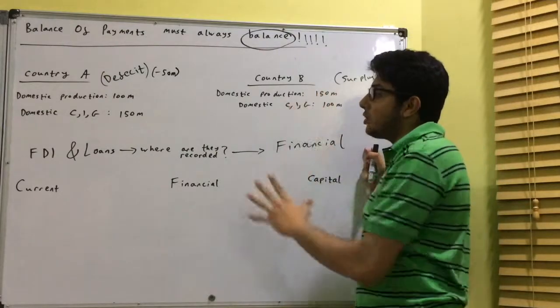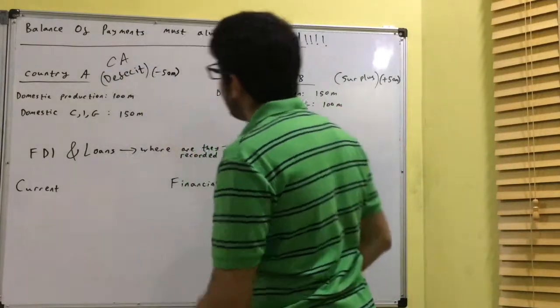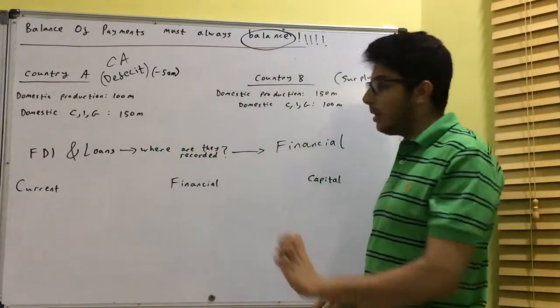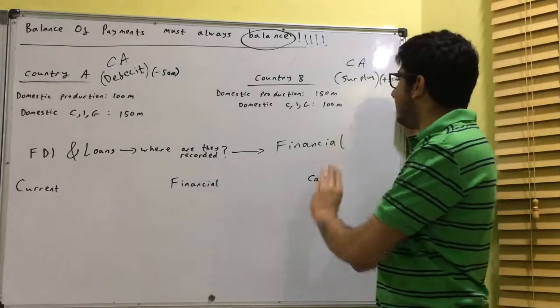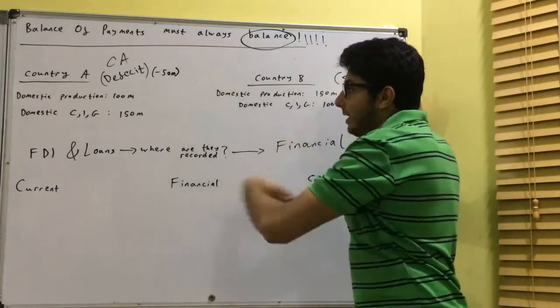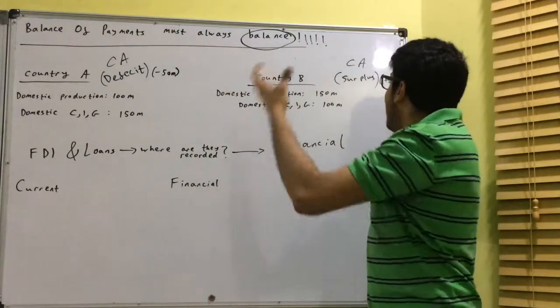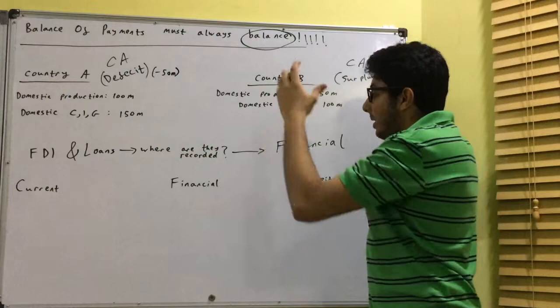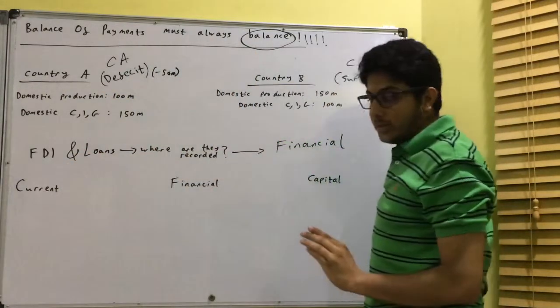Okay, so country A has a current account deficit of 50 million. Country B has a current account surplus of 50 million. So as we said, A needs that 50 million from somewhere. B is going to give A that 50 million in the form of FDI and loans.